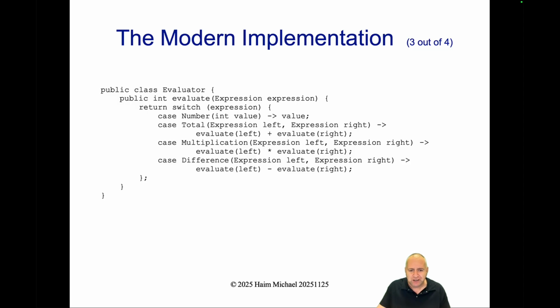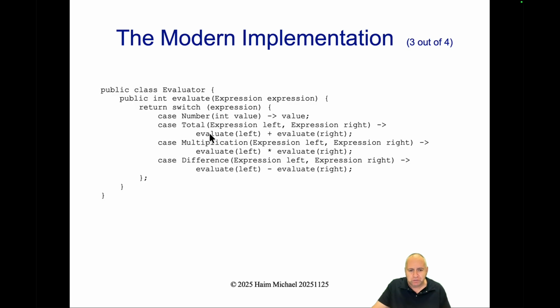So for instance, if evaluate took an object that was instantiated from the type number, then we can use pattern matching in order to extract the value that specific number object holds, and that will be the value evaluate returns.